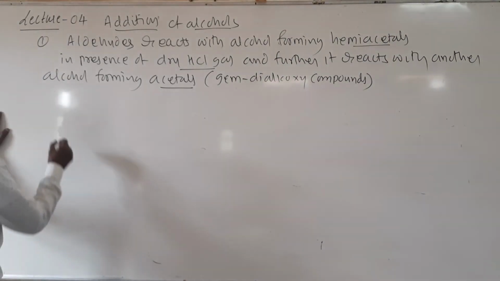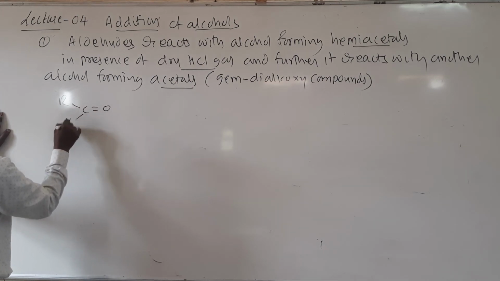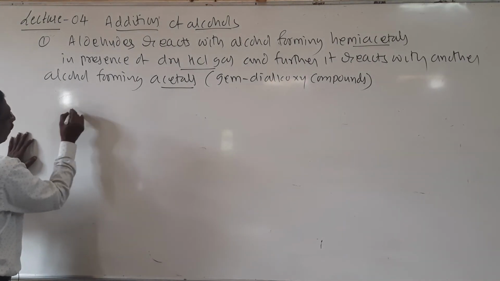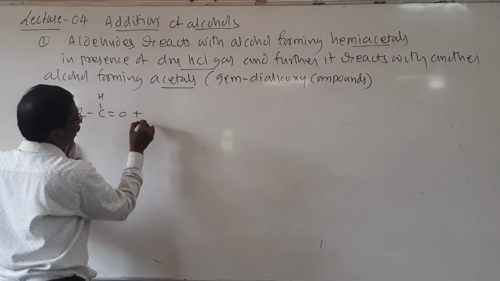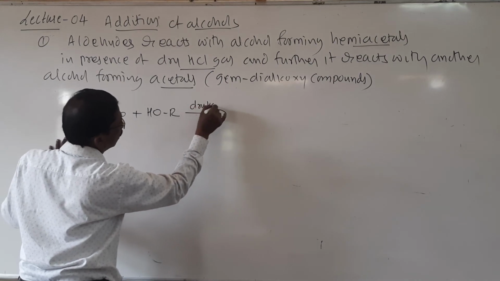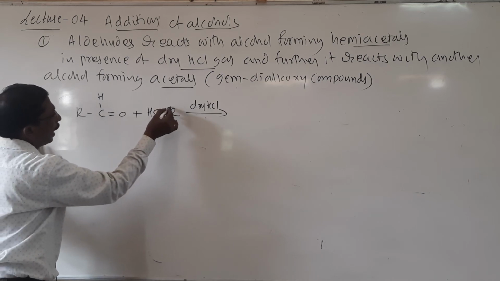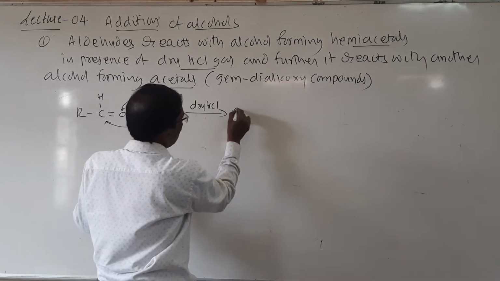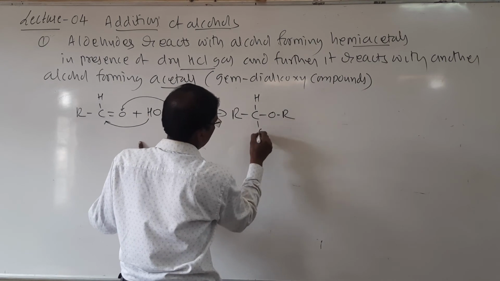Then here I will write the reaction. Look here, R C double bond O H. You may take a general reaction, aldehyde, or you may write it like this, R C double bond O H. When it is treated with alcohol in presence of dry HCl, this R attacks here and OH attacks here, and then it forms R C H, OR, and OH.